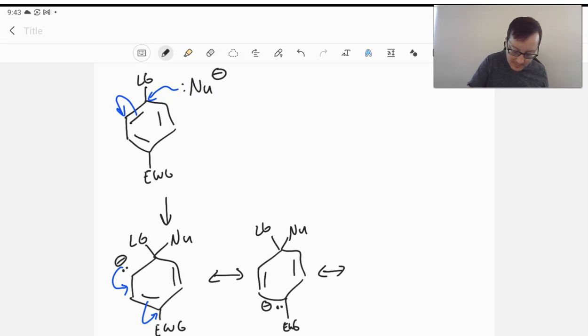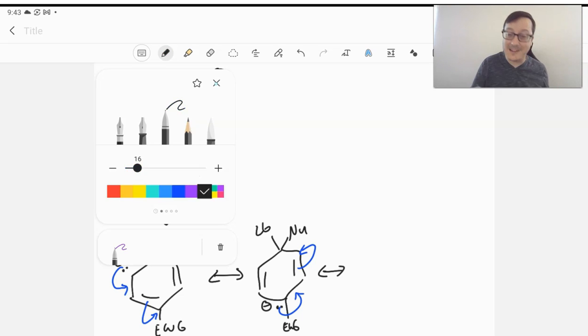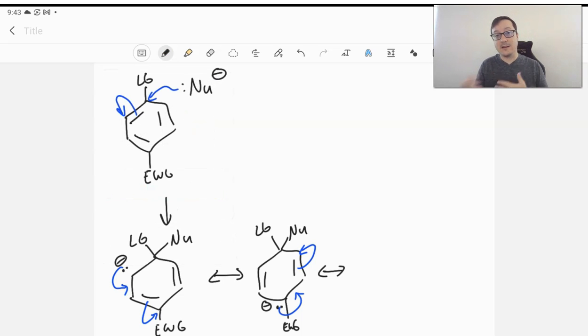And if we resonate again, we could resonate it back onto the other ortho position. Or again, if our electron withdrawing group is an electron sink, meaning it's got resonance like a ketone, like a nitro group, it could resonate there as well.